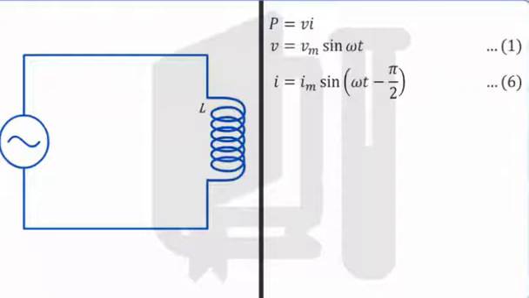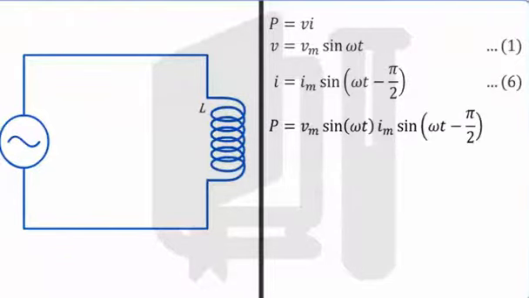By substituting for V and I as in equations 1 and 6, we get P is equal to Vm sine omega t into Im sine omega t minus pi by 2, which is equal to Vm Im sine omega t into sine omega t minus pi by 2.